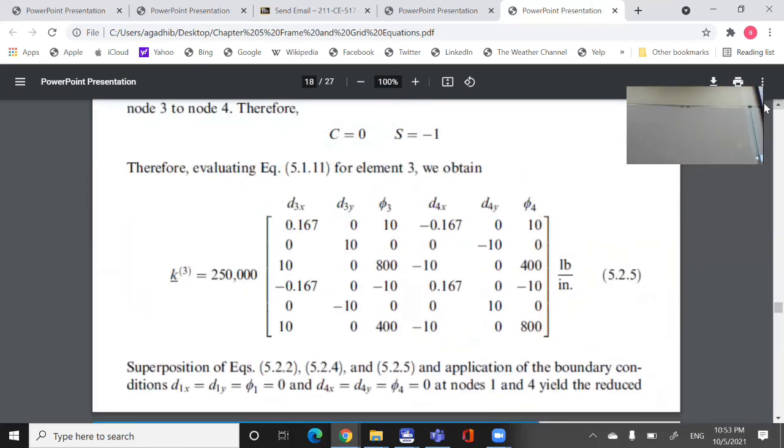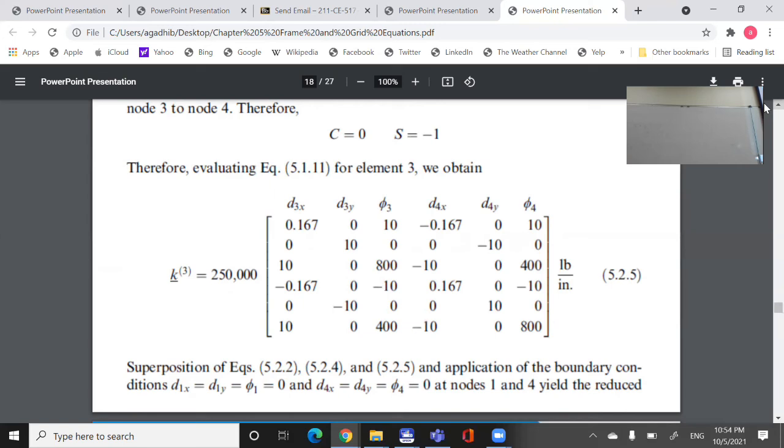When you solve the big matrix and extract from it, these are the displacements with respect to the global. You have to convert them to local. Then you take the local displacements and multiply them by the local stiffness to get the local forces, which are shear and moment. See the steps here?